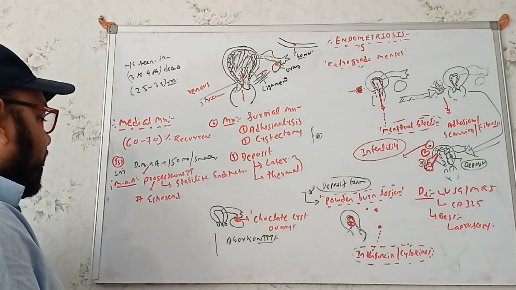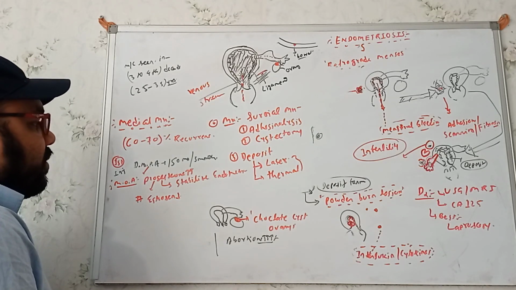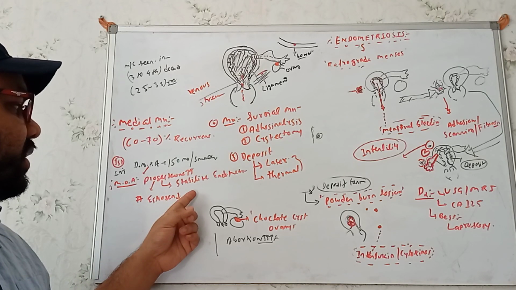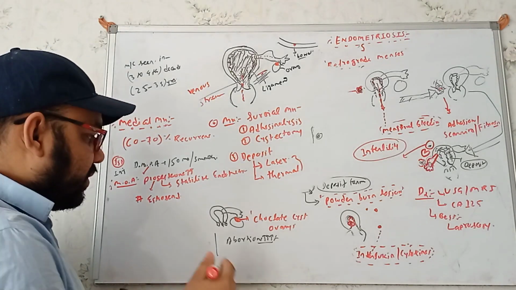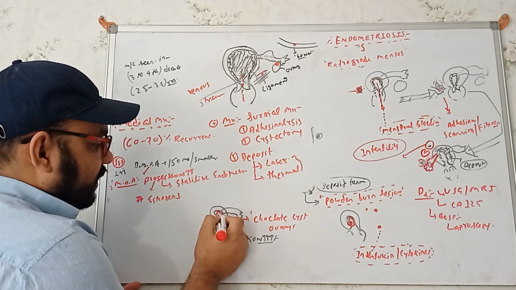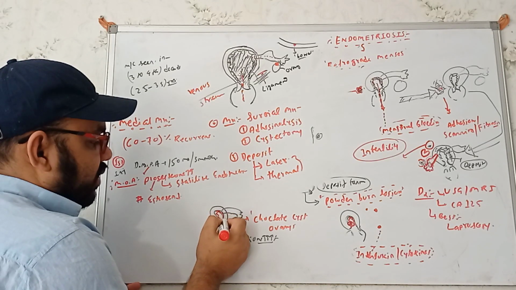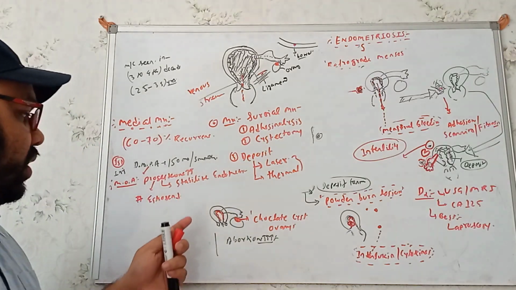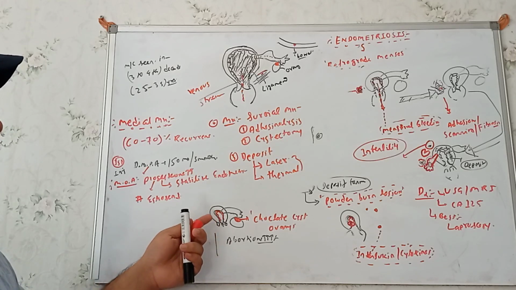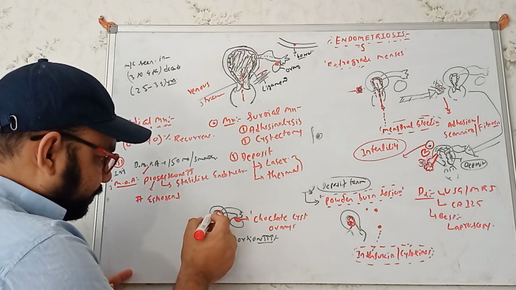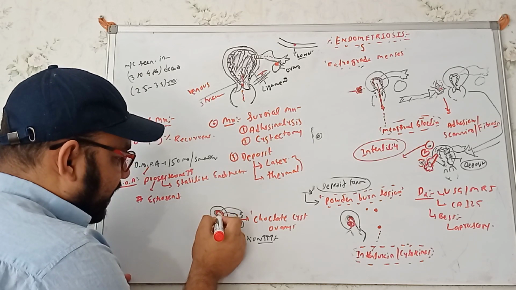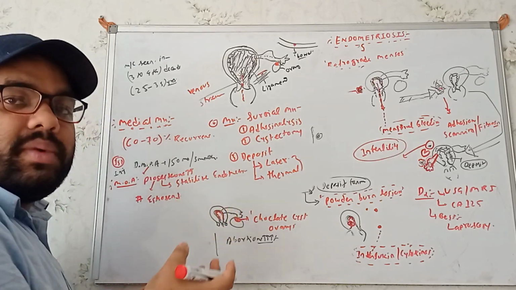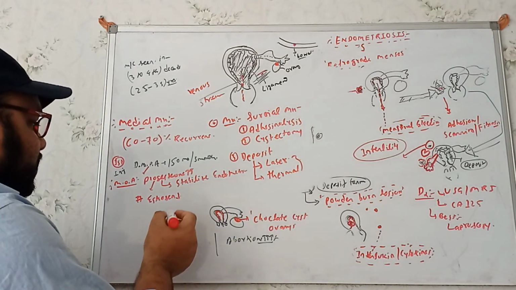So the chances for the endometriosis recurrence will also be less over here. Right? So what did I say? The DMPA injection will contain more progesterone, and the more progesterone will stabilize the endometrial glandular structures. Along with that the estrogen will be less, so the endometrial glands' size and proliferation will also be less.